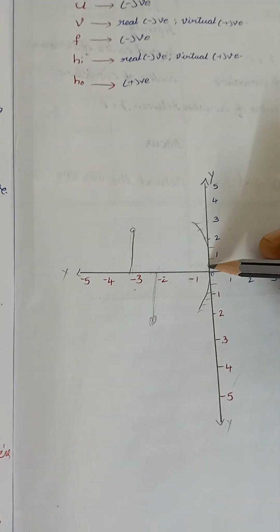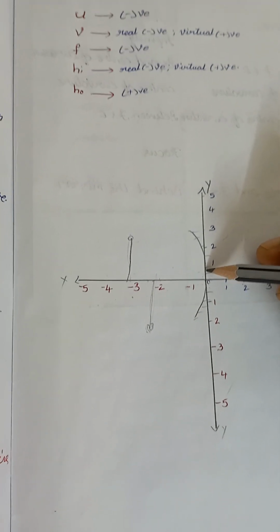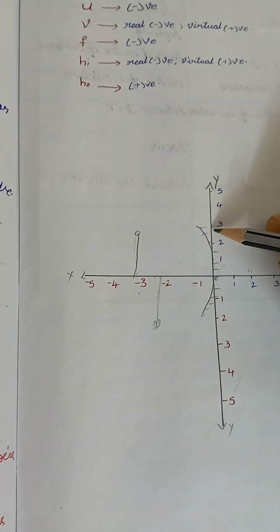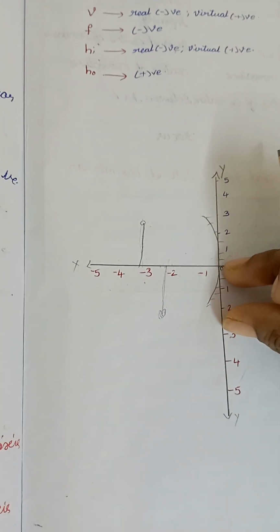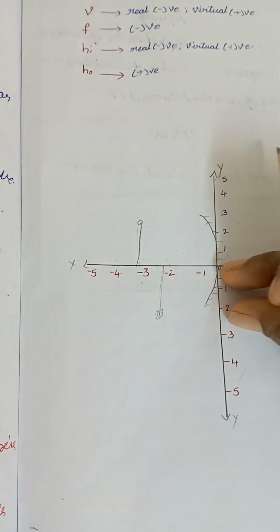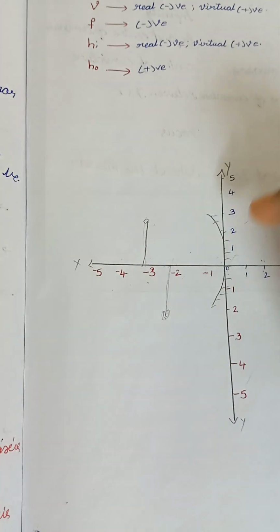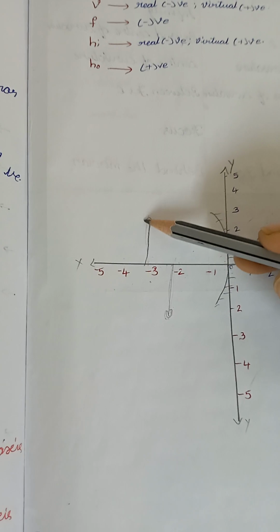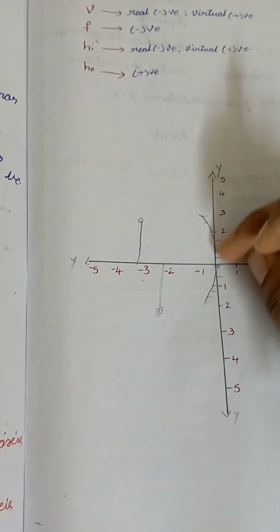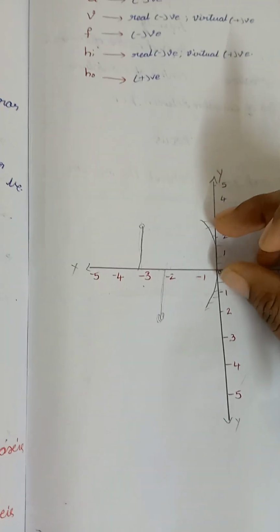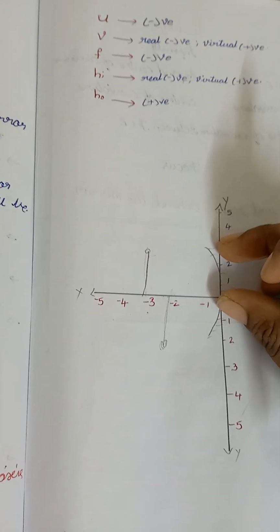So height of the object is positive, and height of the image we will get downward. What are these coordinates? Negative values we need to take. Don't confuse the object. For the object, we measure like this. Positive or negative? Positive. So the object height will be positive.